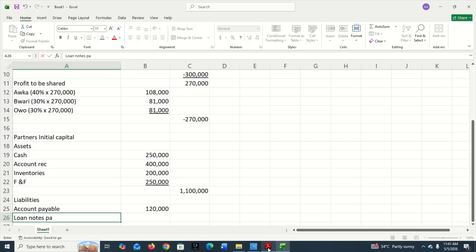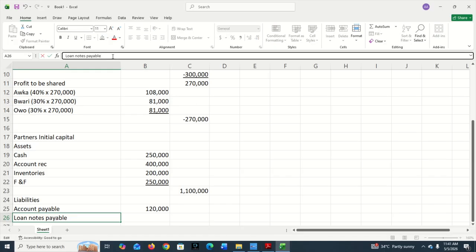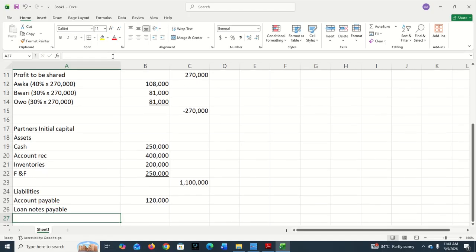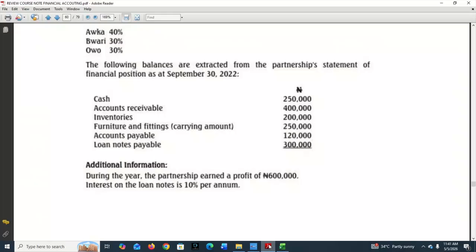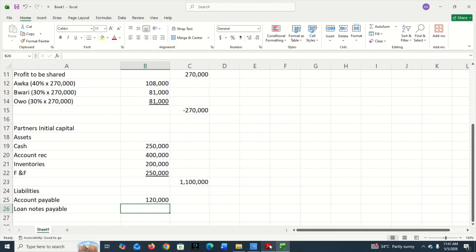Let me check how much my loan notes payable is. My loan notes payable is 300,000. Alright, so let's add it together.